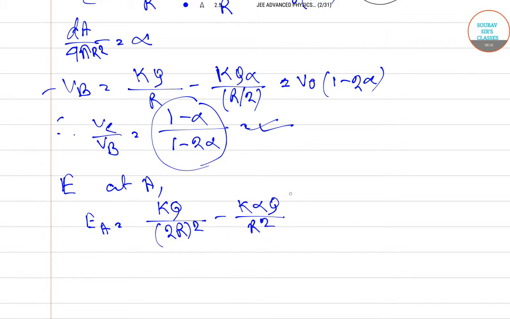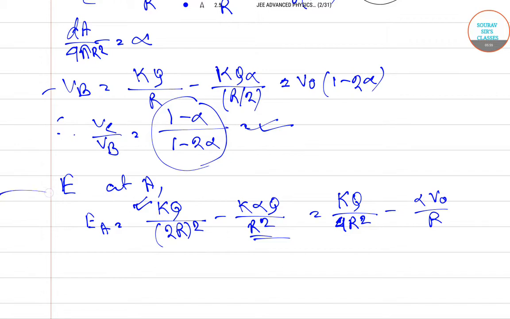This is for the cell. The total field up to point A minus the field across this cell. So this is the electric field at the point A. This equals kq by 4r square minus alpha V0 by r.